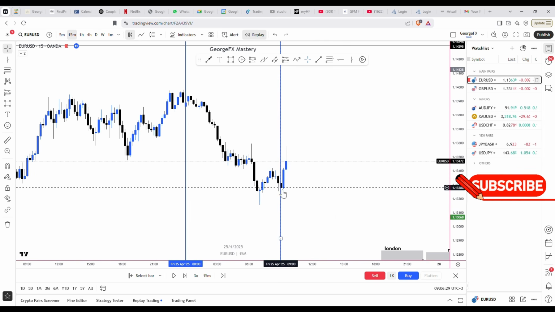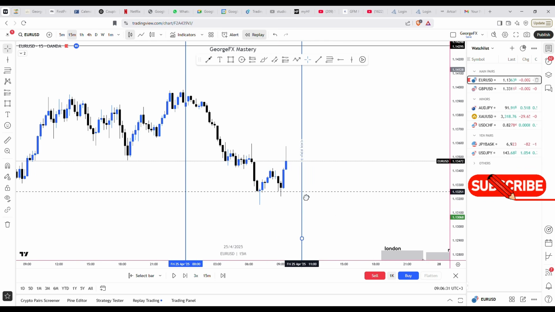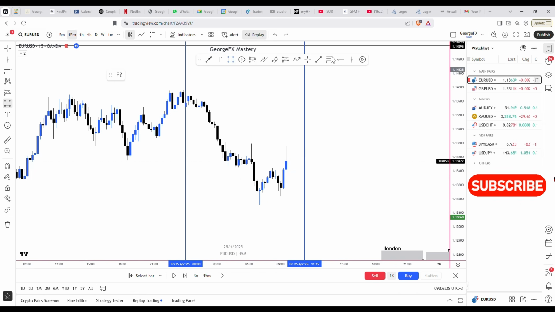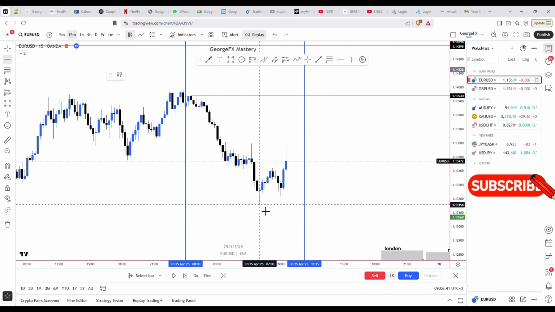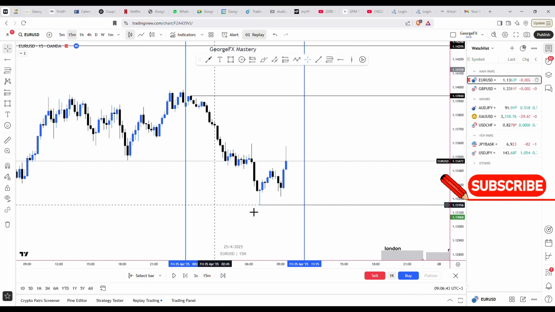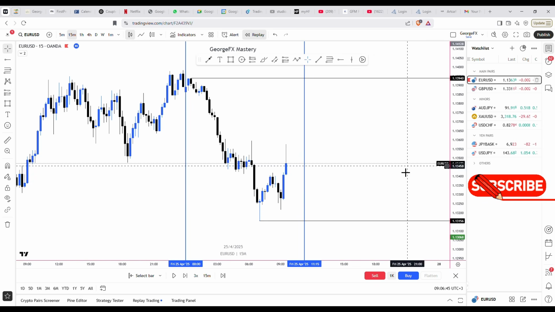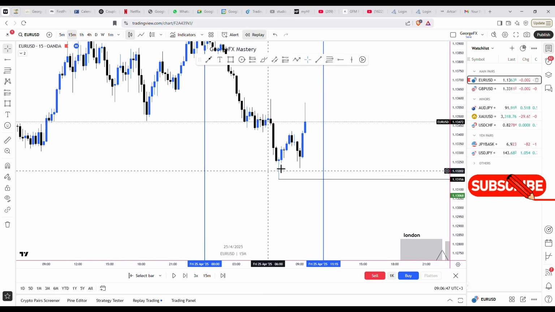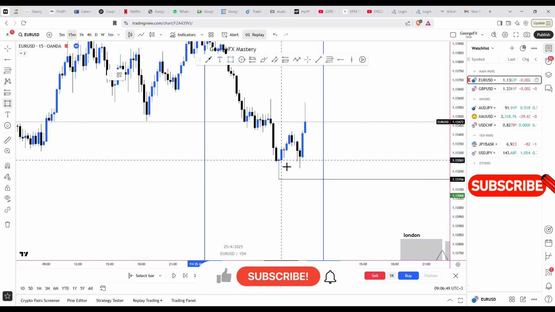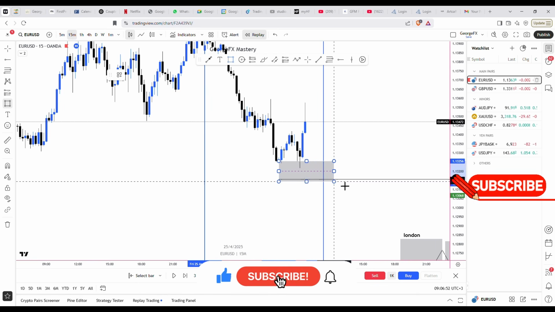Now once we're at 9 a.m., you can see this is exactly our 9 a.m. line, and for this particular case, this is the high we're having here, and this is the low we're having here. This is the kind of scenario I explained lastly before I finished, that we are having this long lower wick.